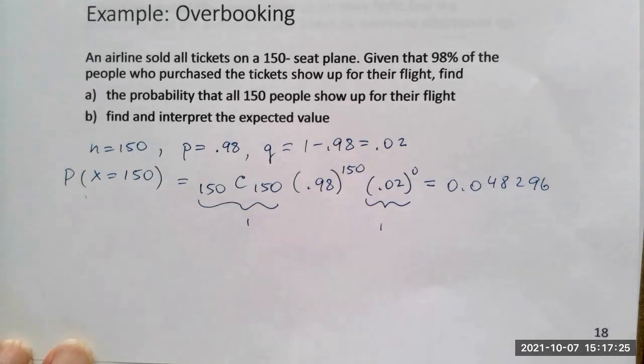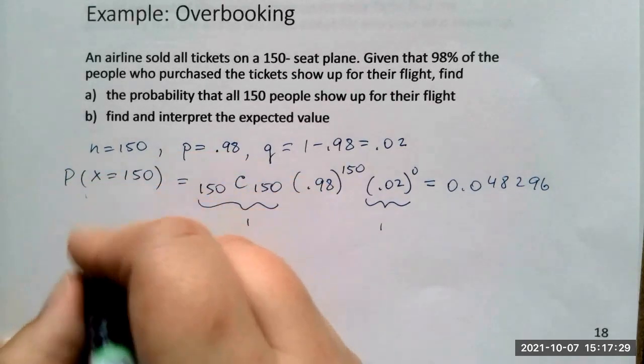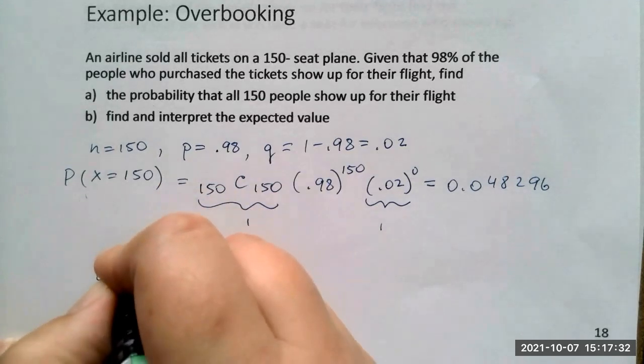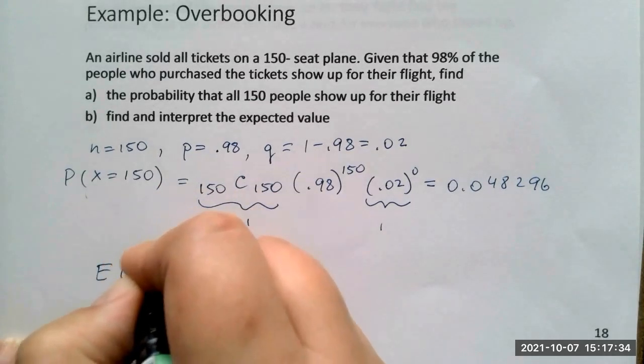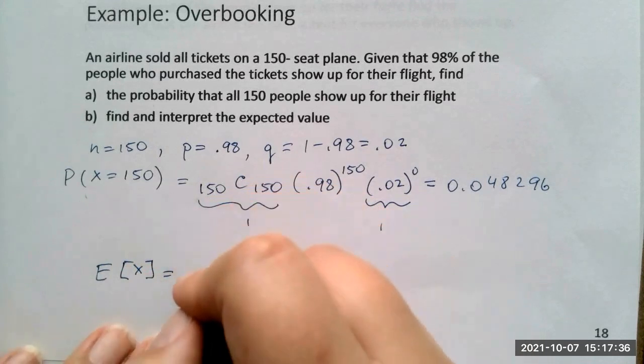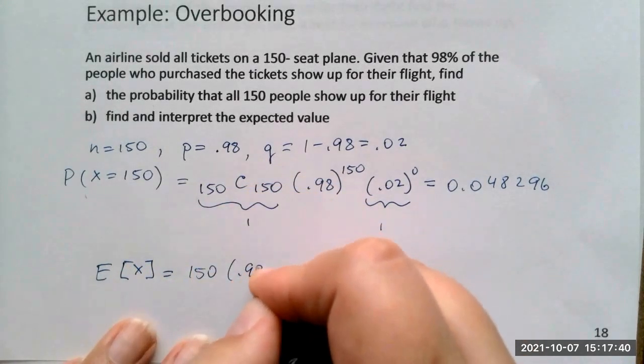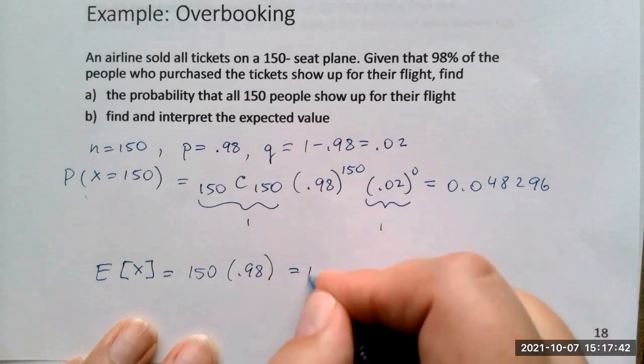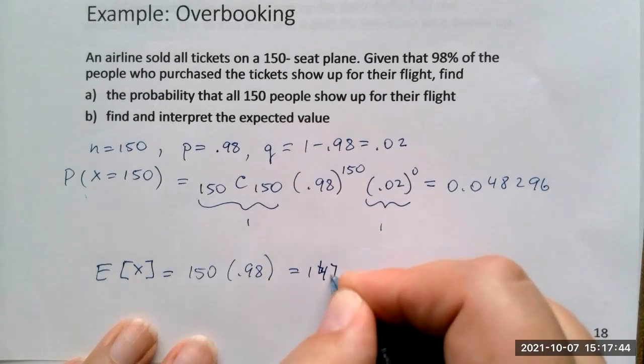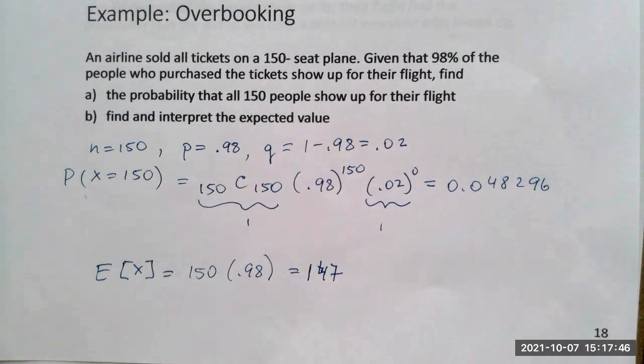Find and interpret the expected value. So the expected value is the same as the mean. So n times p, 150 times 0.98, and that gives us 147. So what does that mean? What does that value represent?